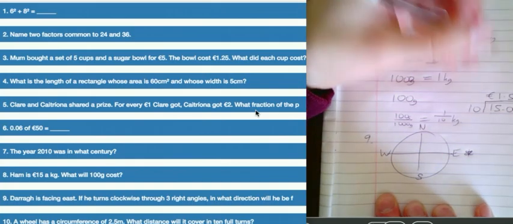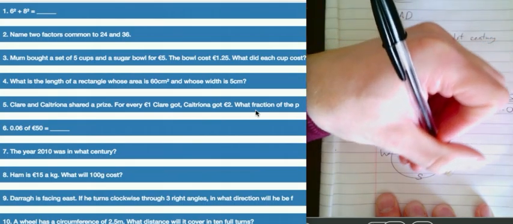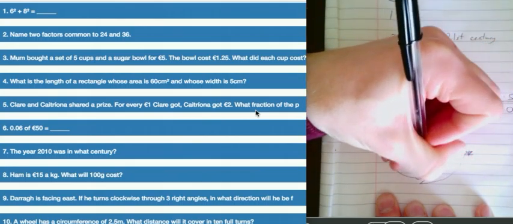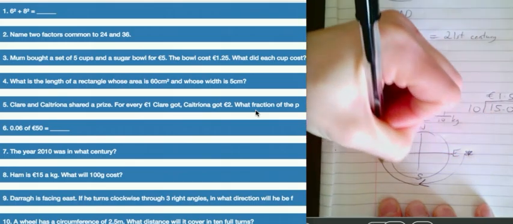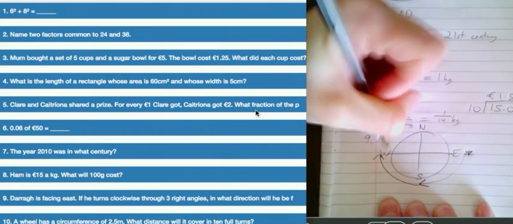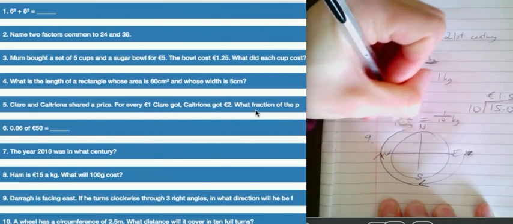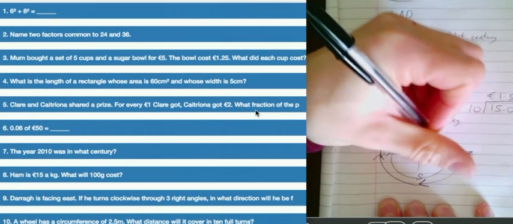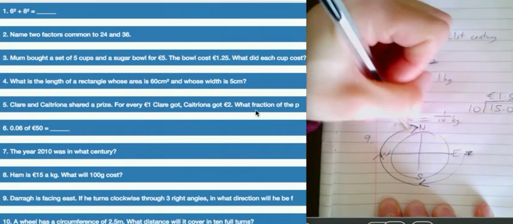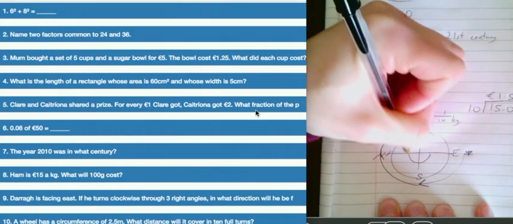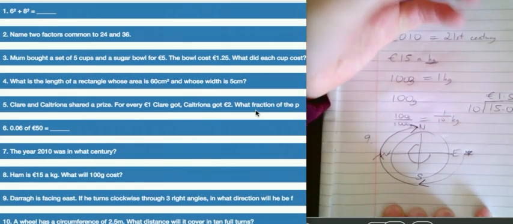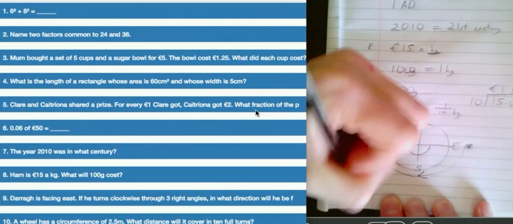And he turns clockwise. When he gets to south, he's turned through 1. When he continues on to west, he's turned through 2. And he continues on to north, he's turned through 3. So he's now going to be facing in the direction of north.